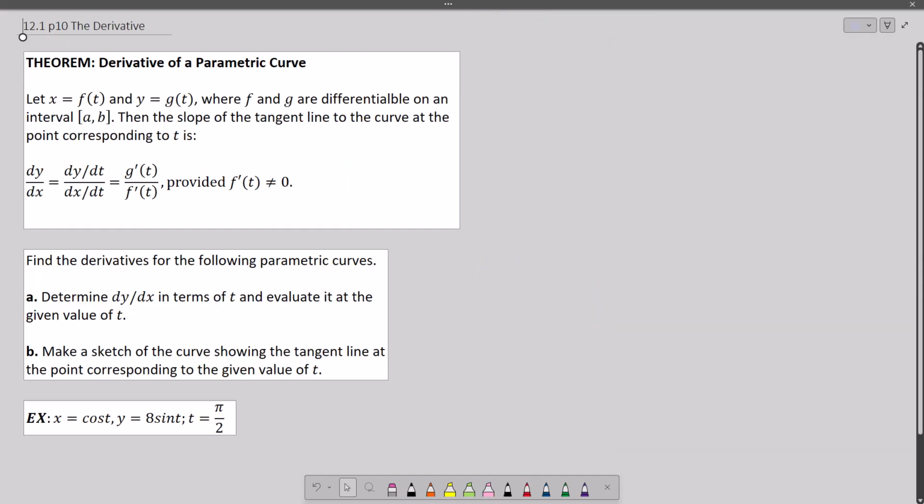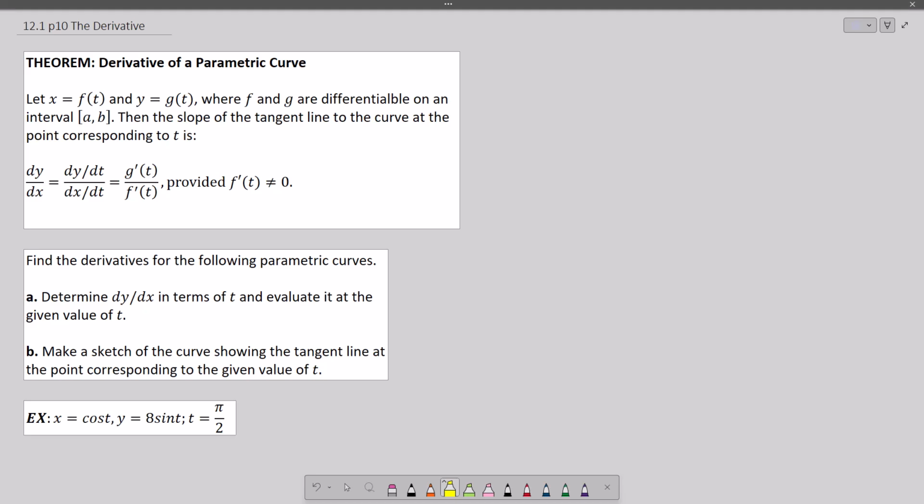Okay, so we've got these parametric curves floating around in 2-dimensional space, possibly 3-dimensional space if we're thinking about Calc 3. The first question in calculus we always ask is the rate of change. What's the derivative? What's the slope of the tangent? And with parametric curves, it's pretty straightforward.